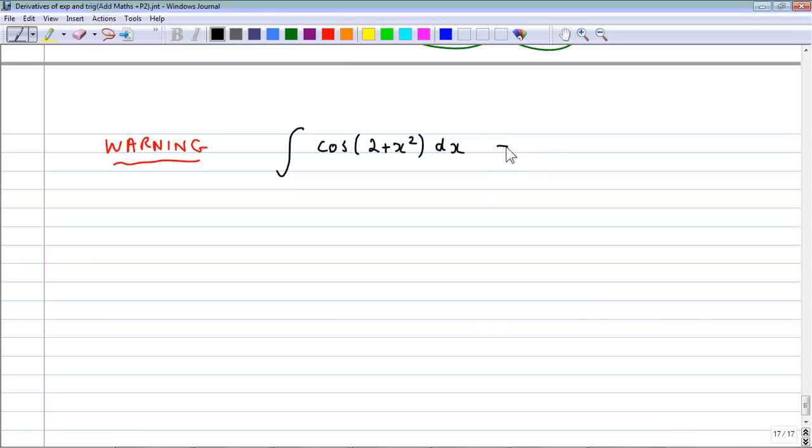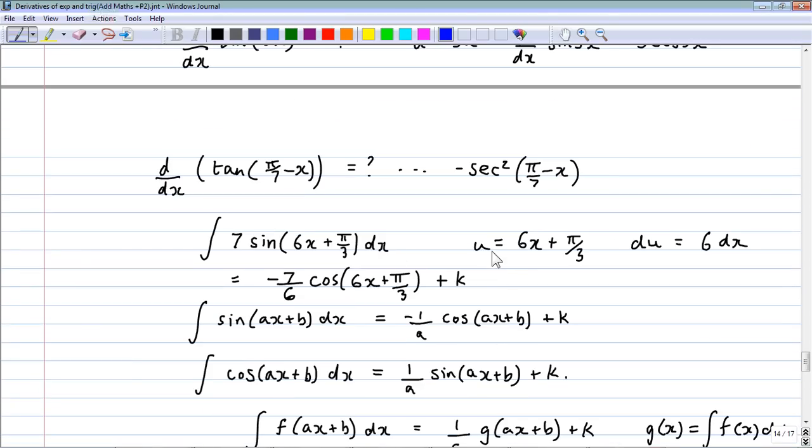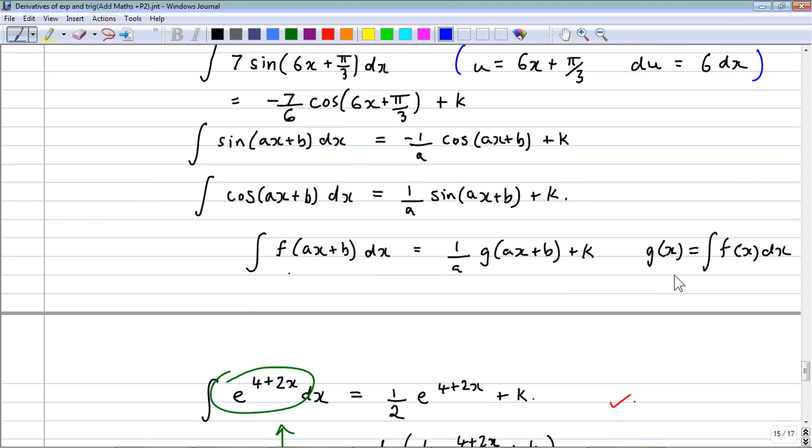Some people think that the answer should be 1 over 2x sine of 2 plus x squared plus k. But that answer is wrong. And it's not completely obvious at first why it's wrong. The reason it's wrong is because this process of making a substitution, which we outlined here, simply does not work in this case.